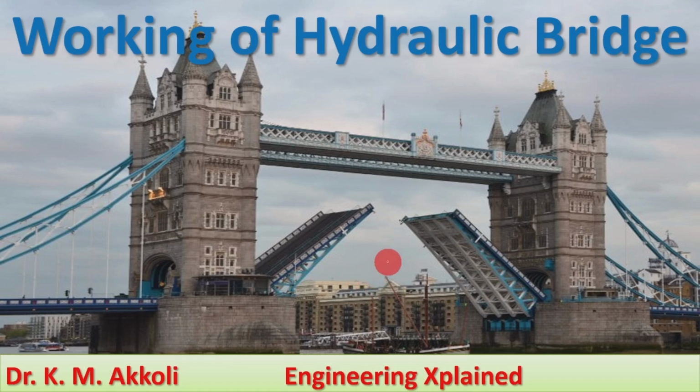Here I am going to explain how that hydraulic system works and how the lifting of the bridge takes place. This is an example. There are a number of bridges where the opening for the travel of ships takes place, and that I am going to explain.